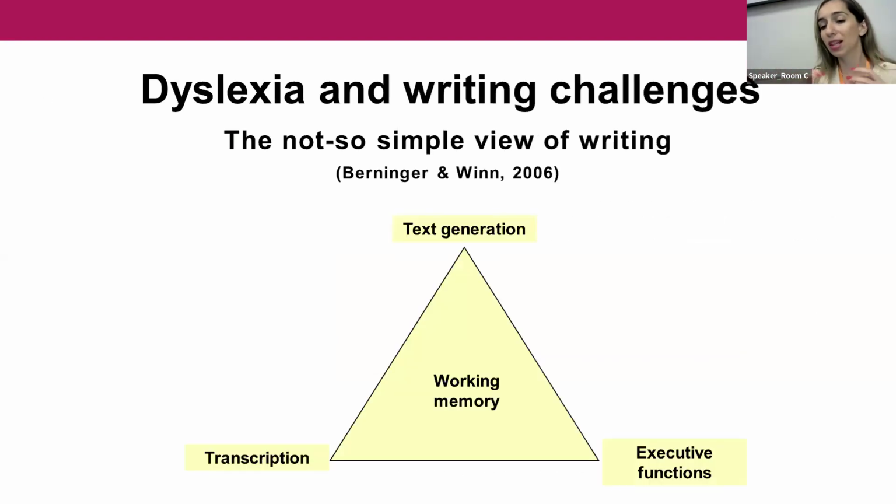In order now to frame dyslexia and writing challenges, I have adapted the not-so-simple view of writing, according to which writing is a process of transcription skills, of executive functions, and of text generation, all of which are brought to work in the working memory.